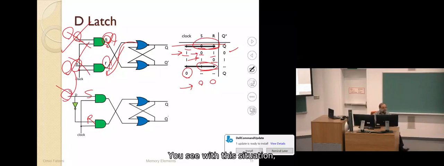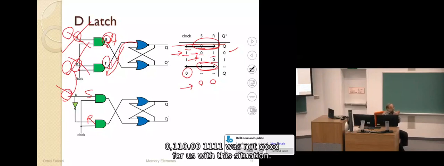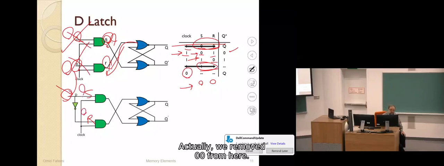You see? So with this situation, S and R are always complement of each other, 0, 1 or 1, 0. And that's good because we wanted to have 0, 1, 1, 0, and 0, 0, not 1, 1. 1, 1 was not good for us. So with this situation, actually we removed 0, 0 from here.